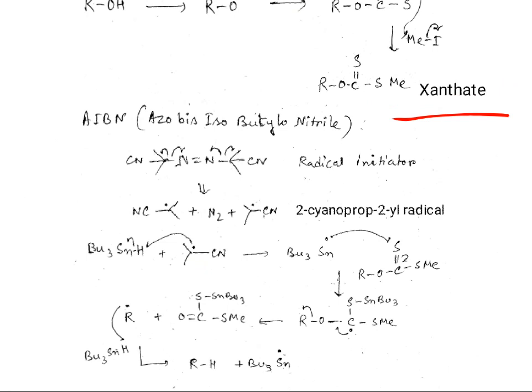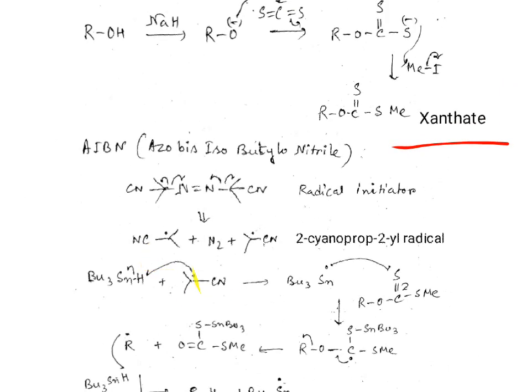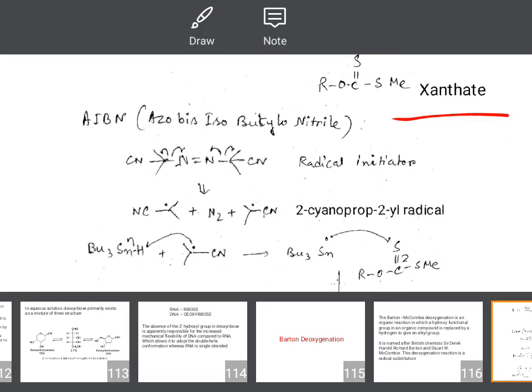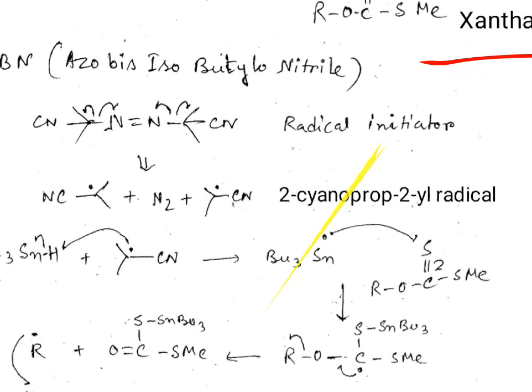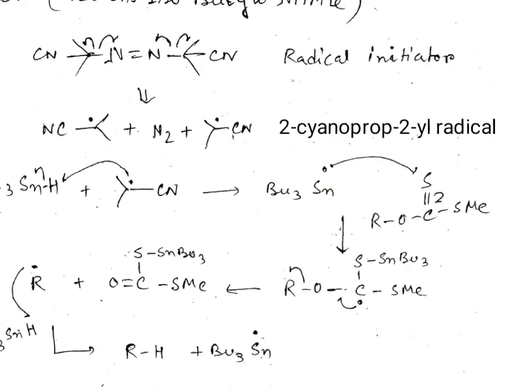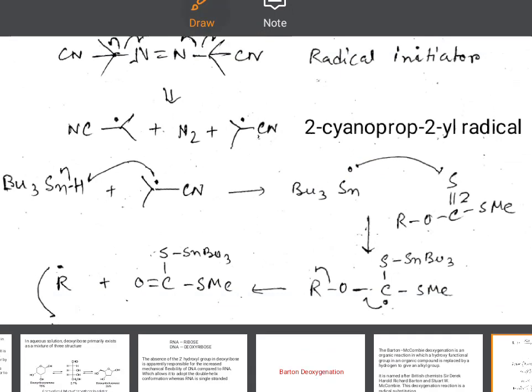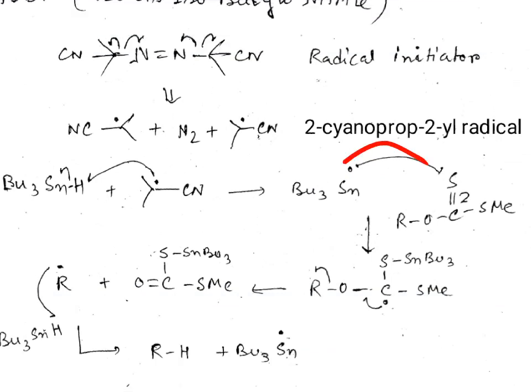After that, this radical will take a proton from Bu3SnH. I have to zoom this. And then this Bu3Sn radical will attack this sulfur. This bond will be opened and this carbon will become a radical now.